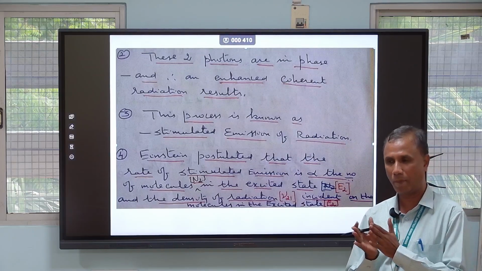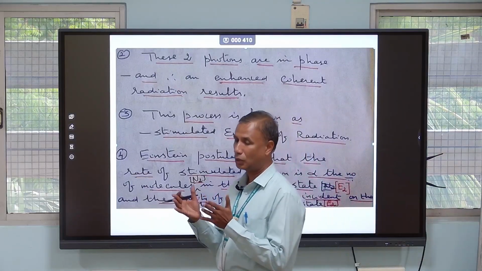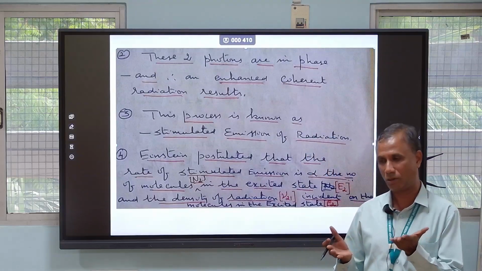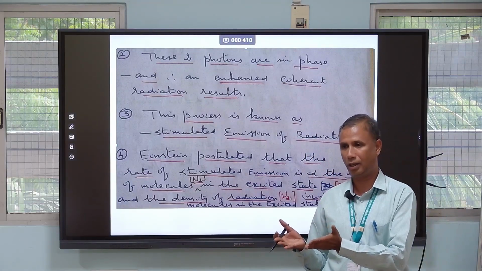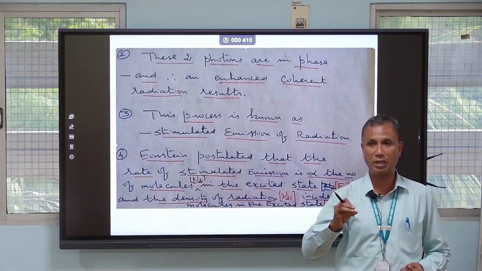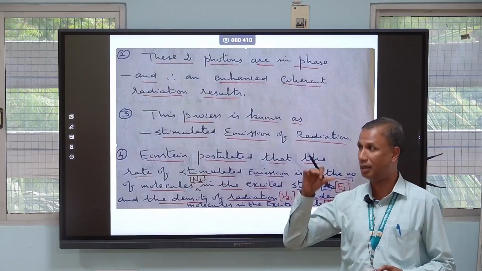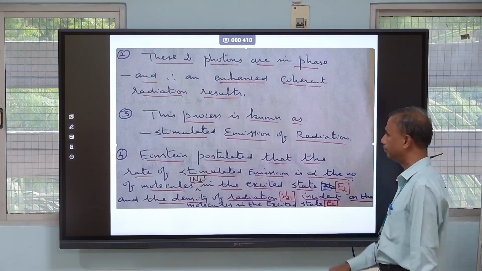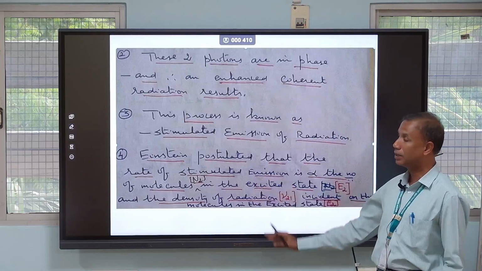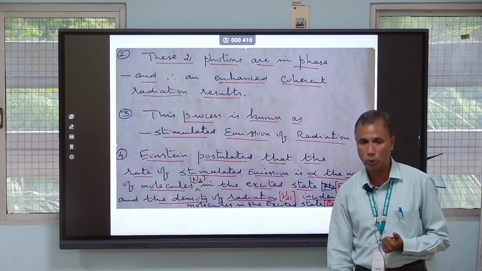When you compare spontaneous emission and stimulated emission, the intensity of radiation from stimulated emission is much higher than from spontaneous emission.